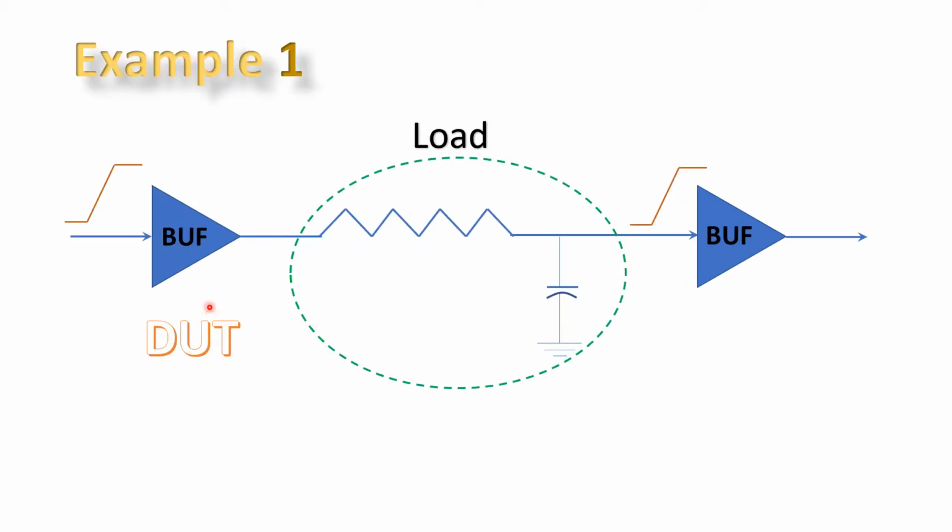Let us analyze the situation as mentioned in example 1, where the gate device under test is a buffer gate for simplicity, and there is a load, and then there is a sink cell. Here the input signal has a good transition.